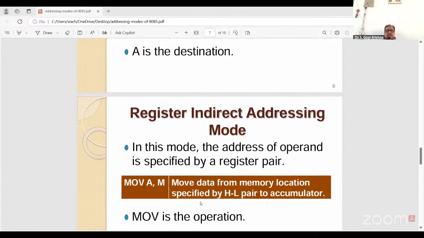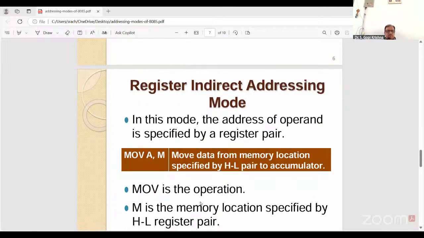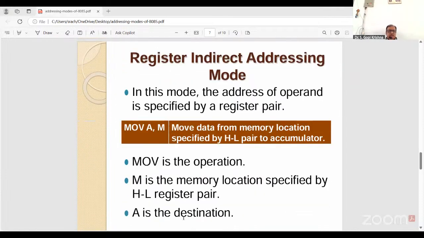Next is the register indirect addressing mode. In this mode, the address of the operand is specified by a register pair. There is some data in the memory, and that content will be transferred to the accumulator. Basically, M has to be defined before this instruction, like LXI H with the corresponding address, and that particular memory address refers to the memory.